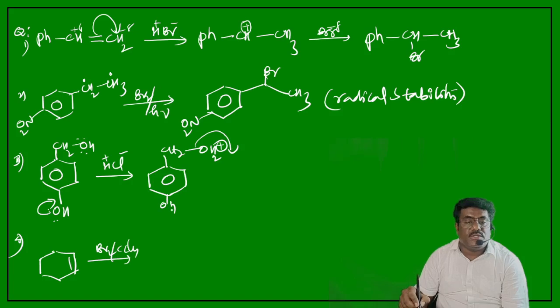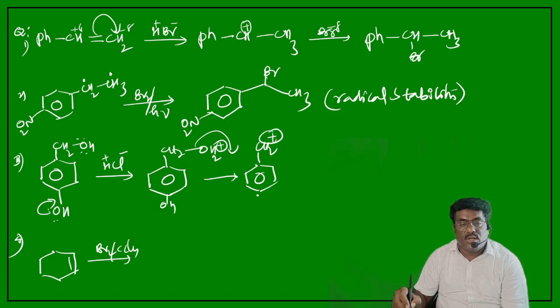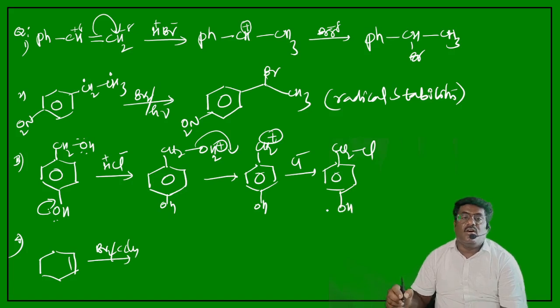This OH2 is easily removed, forming benzene with CH2 plus and OH. In the presence of Cl minus, it gives benzene with CH2Cl and OH. This is our required product.